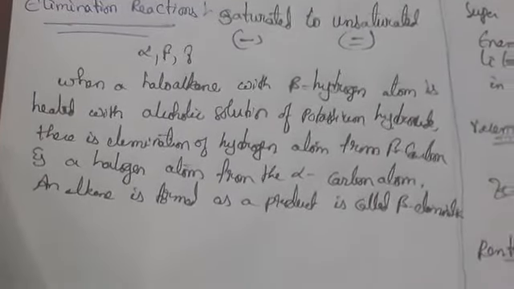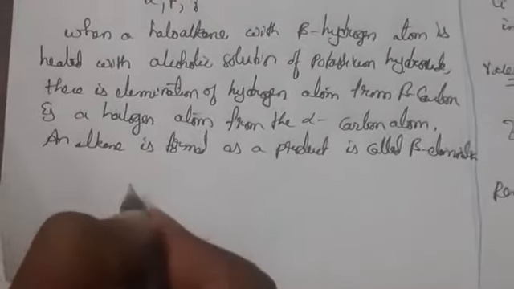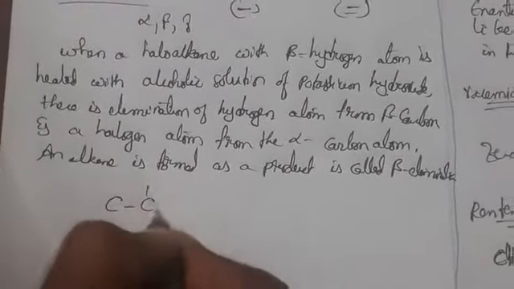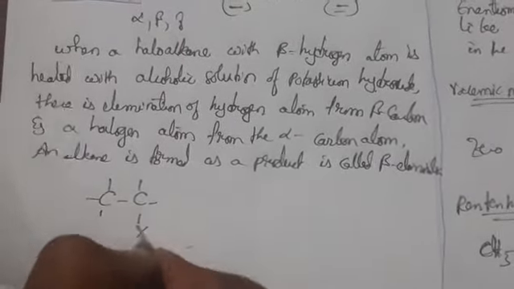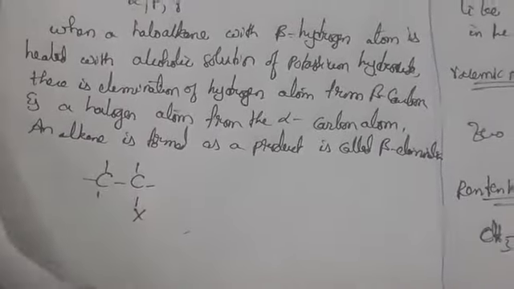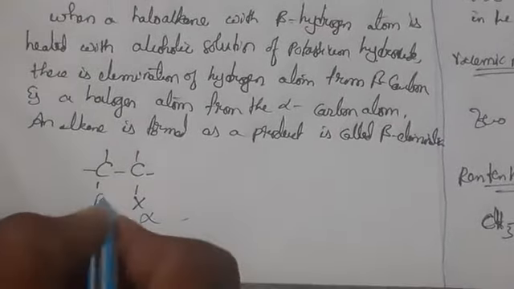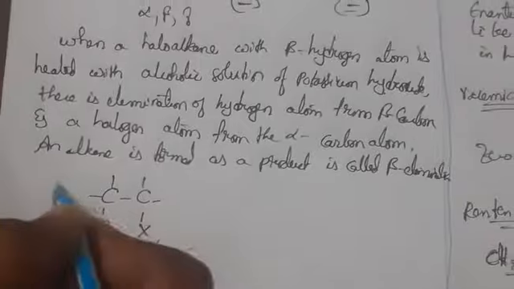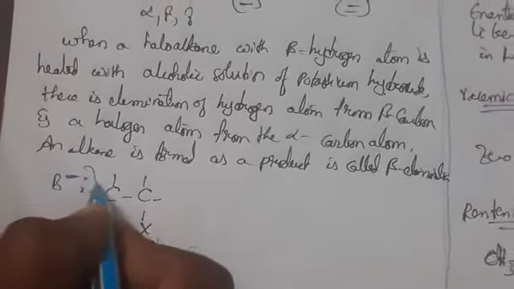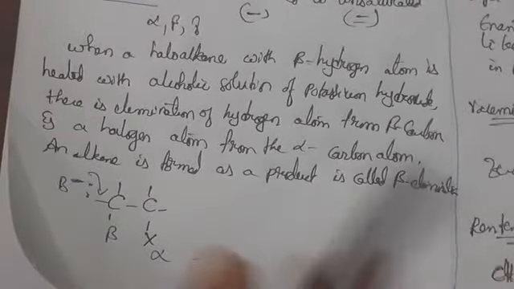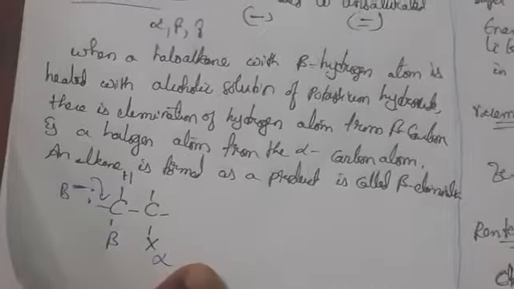What is beta elimination? When we take a haloalkane, for example, I am taking this molecule, an alkyl halide. This is the alpha position, this is the beta position. We add a base, alcoholic KOH, and here we take the hydrogen.